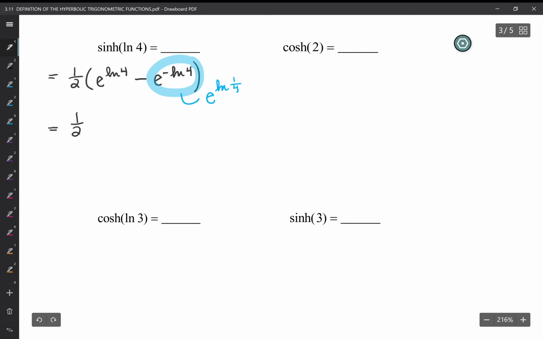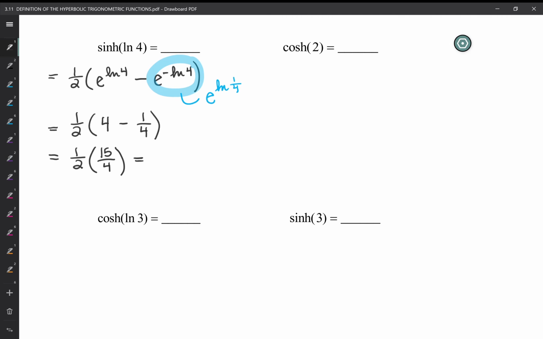So we have 1/2 times 4 minus 1/4. So that's equal to 1/2 times 16 over 4 minus 1 over 4, which is 15/4. 1/2 times 15/4 is equal to 15/8. So the hyperbolic sine of the natural log of 4 is 15/8.